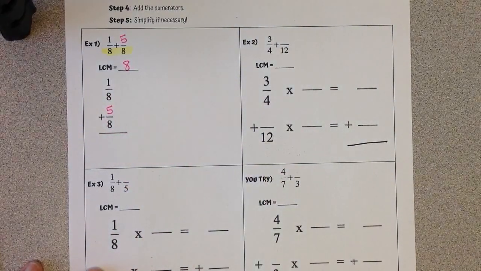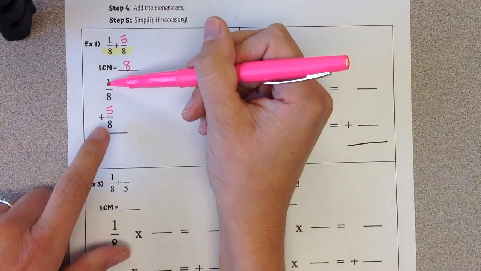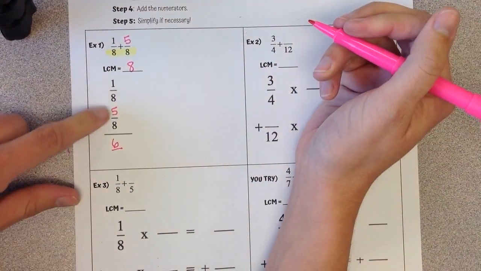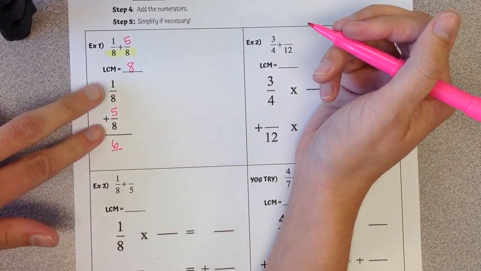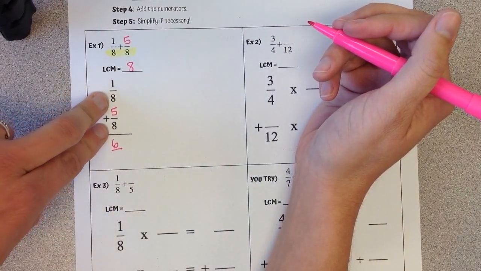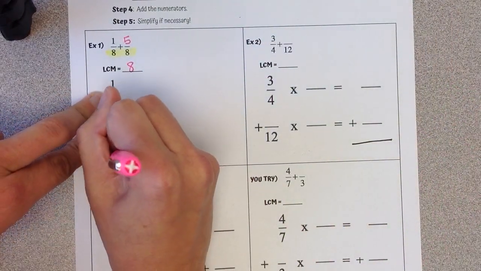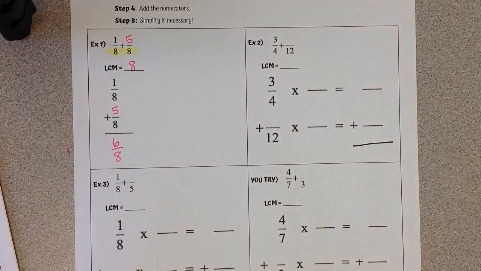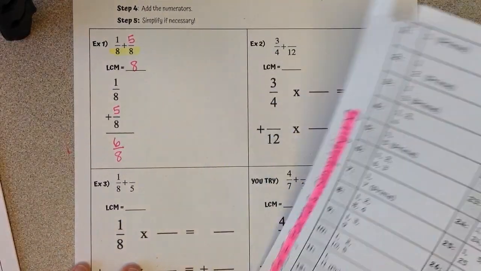The biggest mistake I see people make is they'll do 1 plus 5 is 6, and then they'll say 8 plus 8 is 16. We don't add the denominators once they're the same. We leave it as the denominator of 8, okay? Then we should always be double checking to see if our numbers can be simplified.